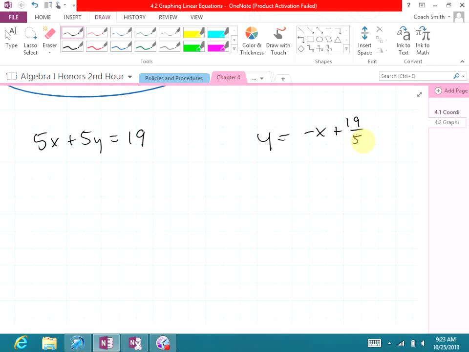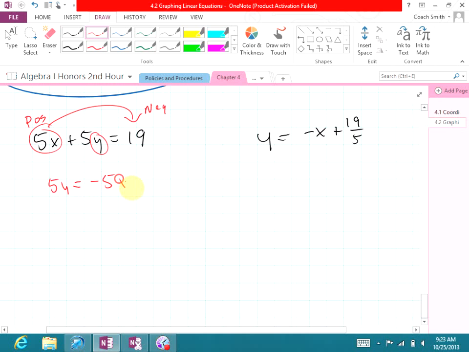How you get that answer is, first of all, we're trying to get y by itself. So we've got to take the 5x over here. Here it was a positive, here it becomes a negative. And so that gives me 5y is equal to negative 5x plus 19. Obviously, we can't put those two things together because they're not the same or similar terms.